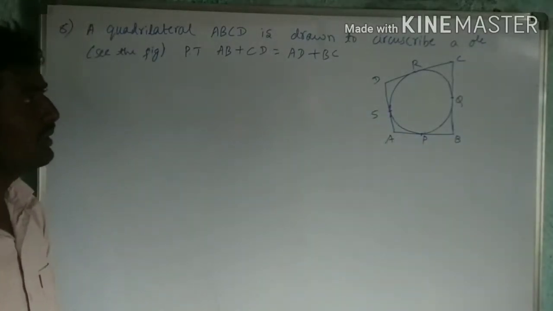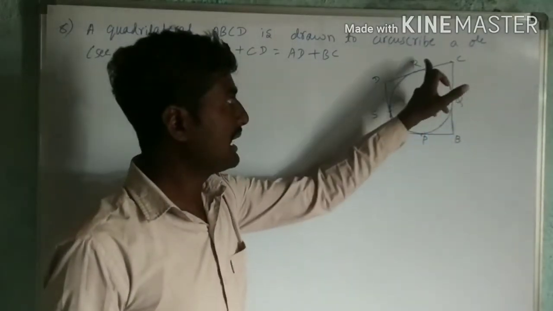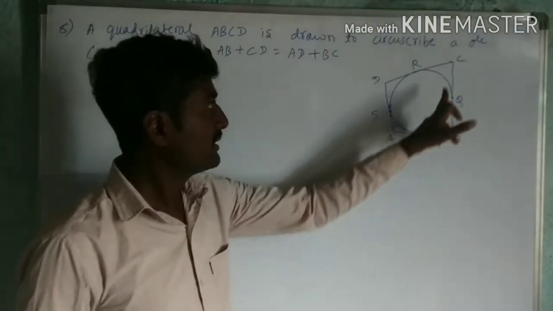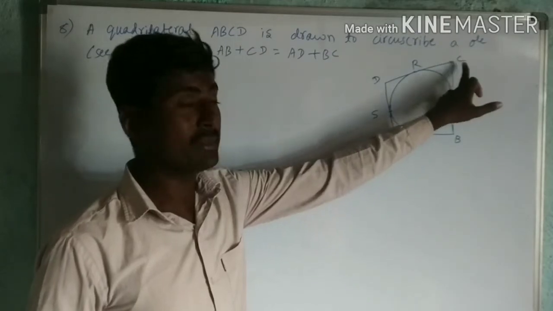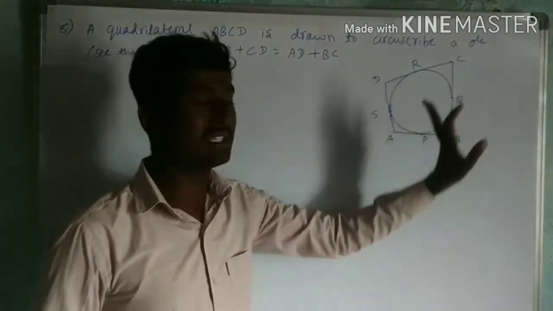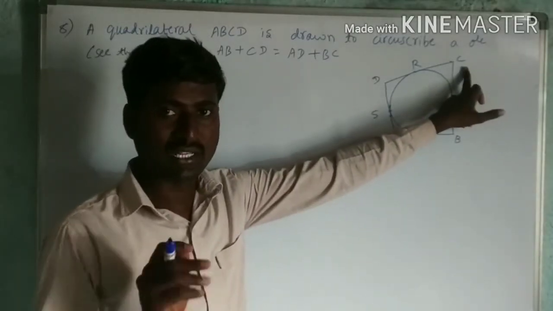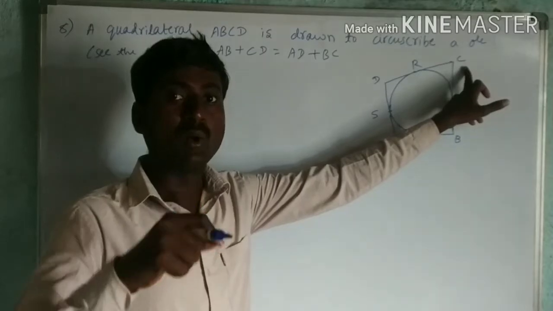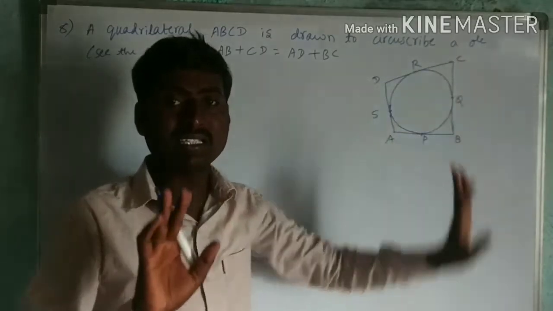Now here you can observe CR is equal to CQ. Can I say that? Because from the point C two tangents can be drawn, CR and CQ, which are the lengths of tangents from the point C. We know that from a point outside the circle we can draw two tangents, and the lengths of the two tangents are equal.